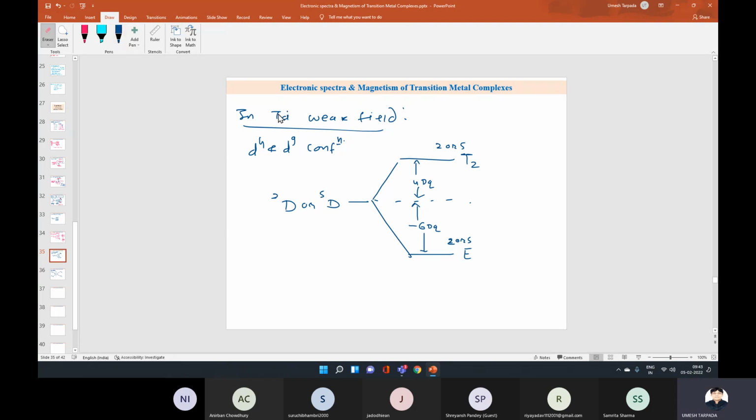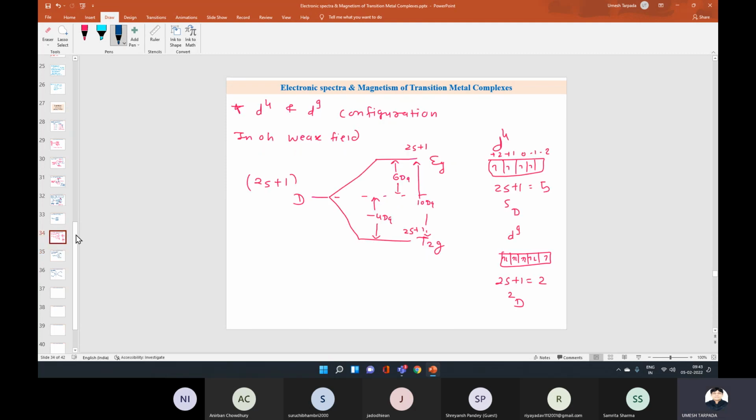This is the difference between the two. In the case of D1 and D6, and this is the case of D4 and D9. Here it's an octahedral field, and the first one is called tetrahedral. There will be a little difference. This is for the tetrahedral field.